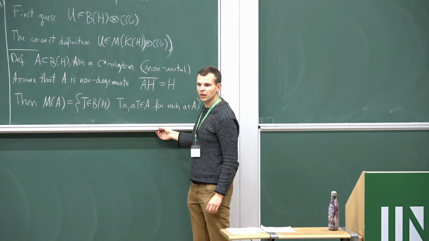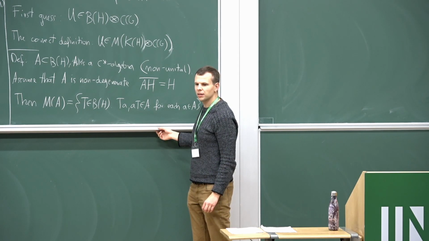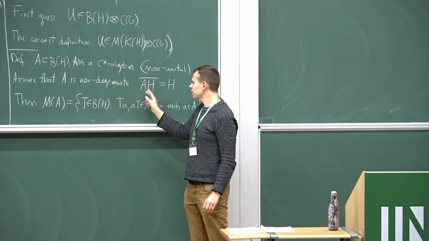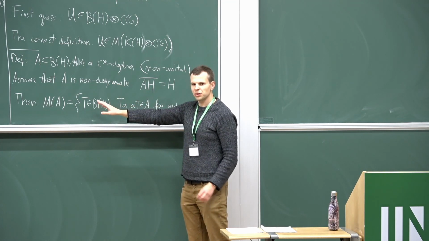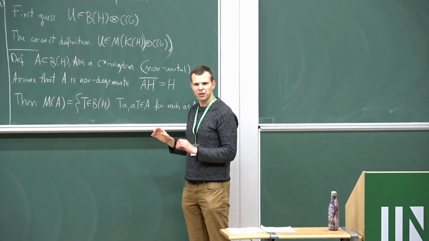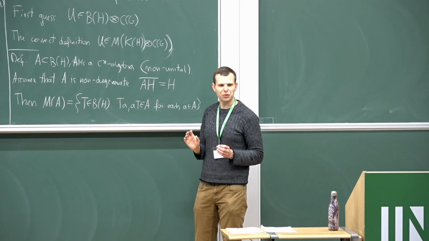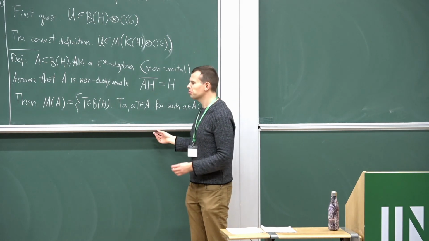Can I ask a question or a comment? Yes. You started with A in B(H). Did the H really matter in this definition? No, as long as A is non-degenerate, this gives you an isomorphic object. There is also an abstract definition of multiplier algebra, which I didn't want to go into because it would take much more time.